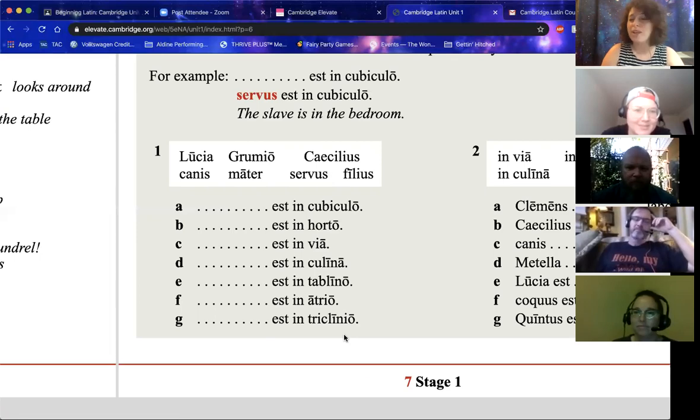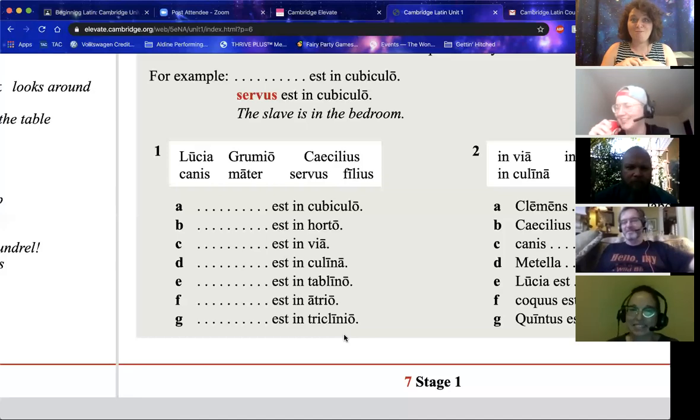I follow multiple Latin meme pages, maybe a lot on Facebook, and at least once a day I am confronted with Caecilius est in horto. The memes are strong. Always. I don't know why, but there you go. Okay, that was correct. Very nice.